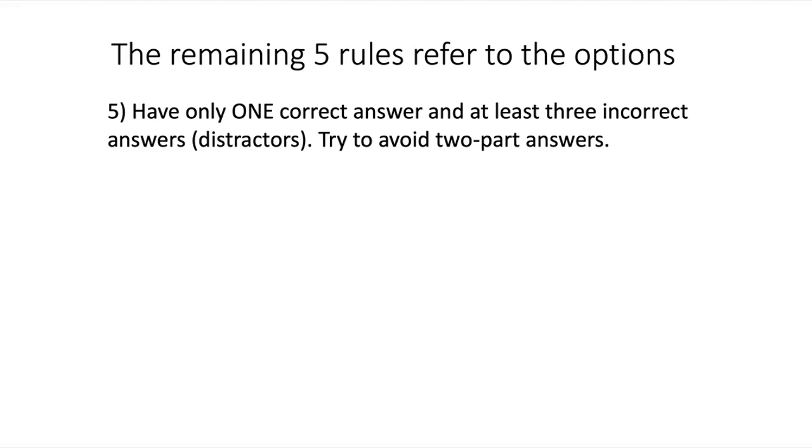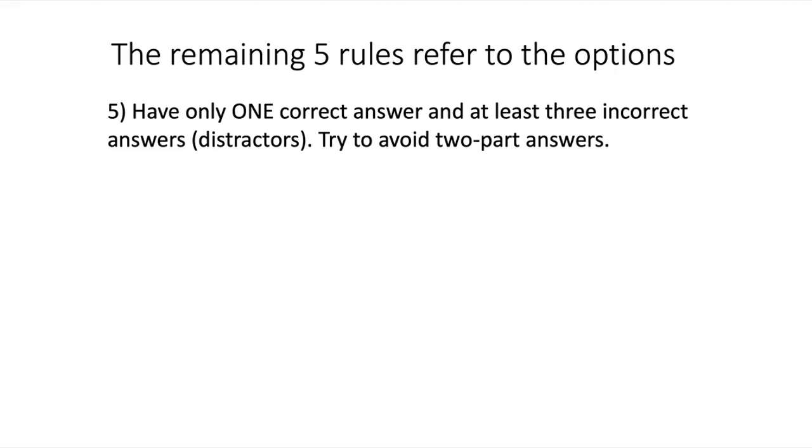Now, the reason for avoiding having multiple answers or 2-part answers is, again, we are trying to avoid the type 2 error of students not getting points when they actually did know the material, or at least they knew some of the material. And so having only one correct answer means that they got it right or they got it wrong based on their knowledge.